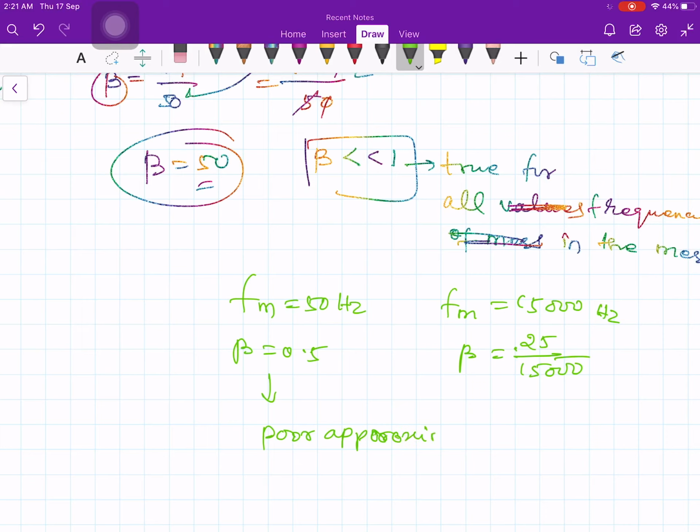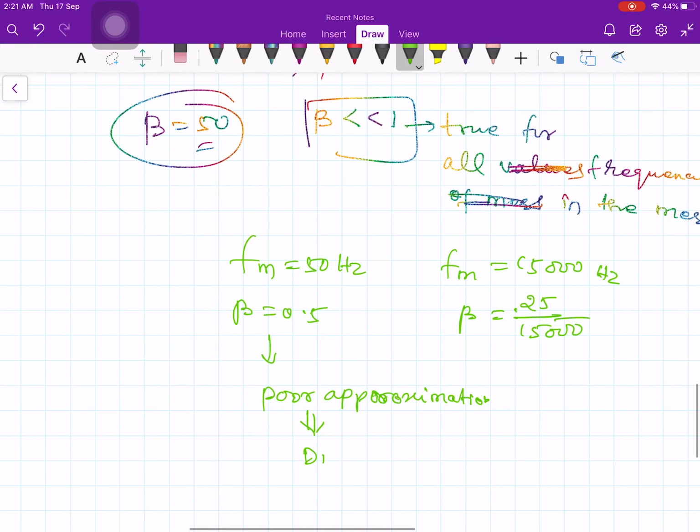If it is a poor approximation, what is the problem? Poor approximation leads to distortion. If you make a poor approximation, then it will be like an amplitude modulated signal. That poor approximation leads to some kind of distortion. That is, the signal which you generate is not a pure FM signal. It is a slightly distorted version of the pure FM signal.